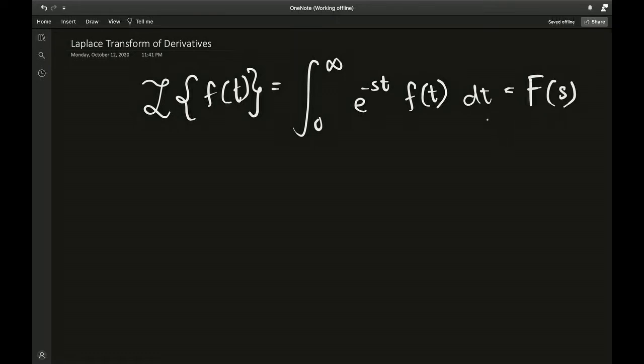The way I see this is, instead of a function of t, you can have any other function, but leaving the negative aside, the t is the input variable and the s is the output variable. So we need to have this fixed, because if I have a function of x, I'll have to have e to the negative sx if I want an input of x and an output of s, denoted by this capital F. Okay, so that's the formula.